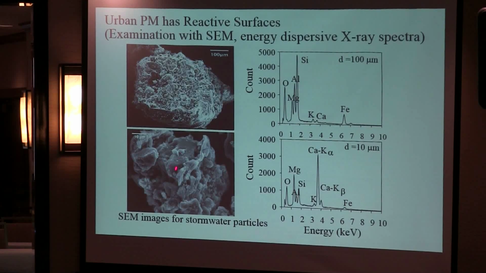If you look at the surface of urban particles, they are both geochemically conducive to adsorption and desorption, plus they have very high surface areas if you look at actual real particles.